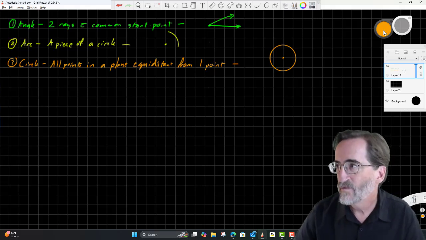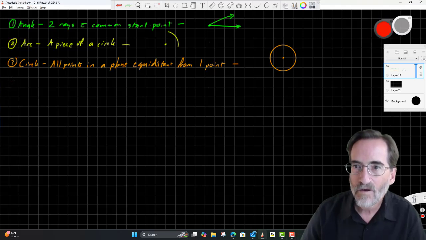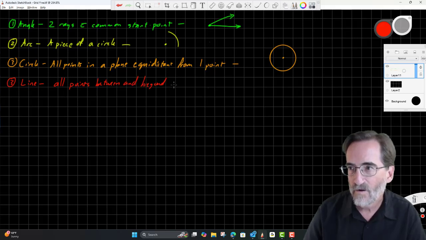Line. Okay, a line is actually one of our undefined terms, but we'll attempt to define it anyway. All points between and beyond 2 points.